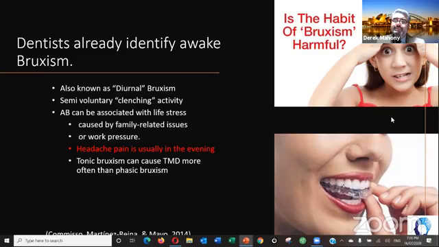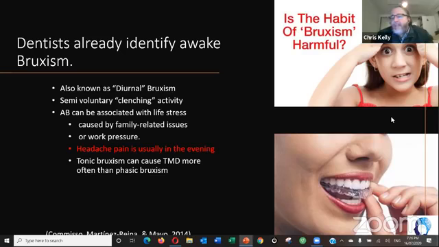But when it comes to detection of semi-voluntary subconscious activity, as I like to call it, you can ask people in your questionnaires, especially if they've got a pain, even a transient pain. I haven't had pain for years and now I've got a sore jaw and I don't know why, kind of pain.